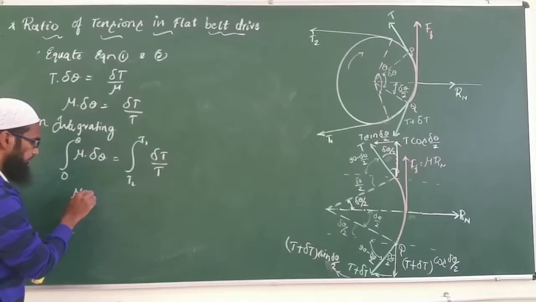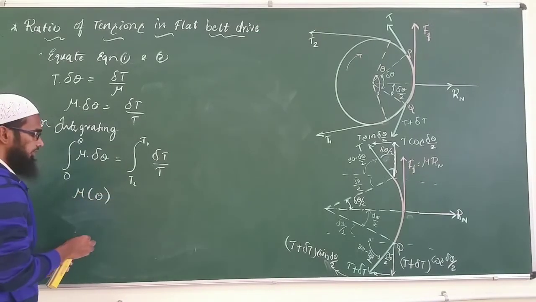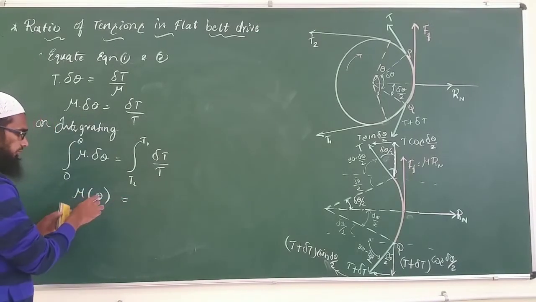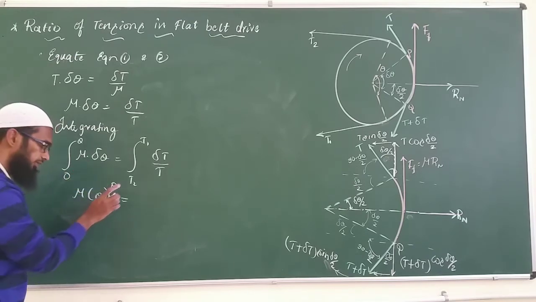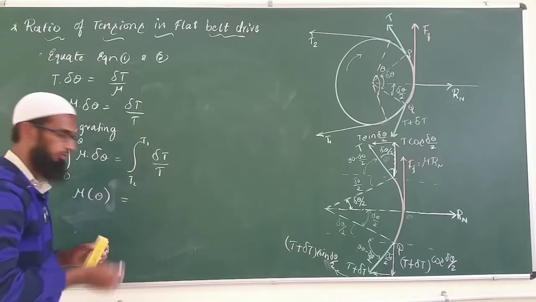So this becomes μ into θ on the left side, because this is our θ, and I'll apply the limits 0 to θ.